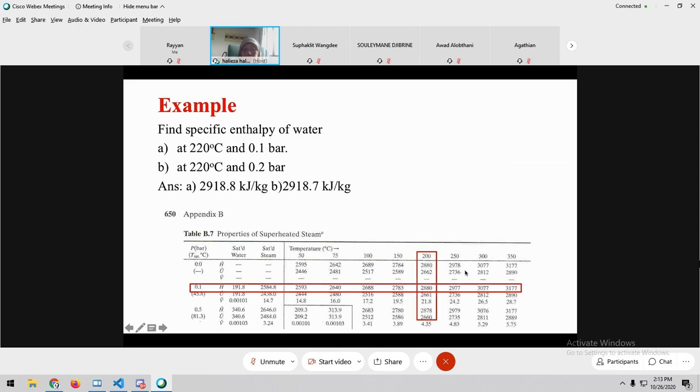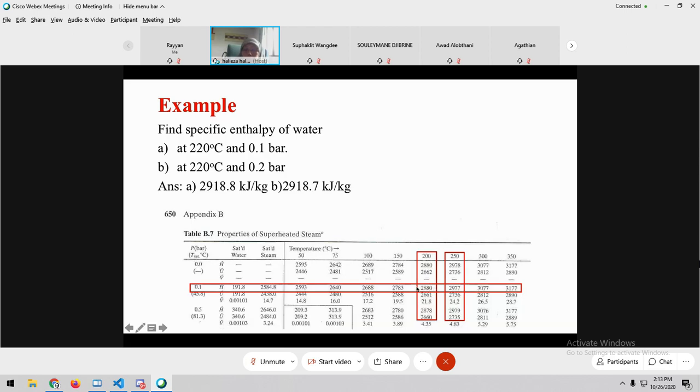You need it at 220. So you need to interpolate between 2,880 and 2,977 to get it at a temperature of 220. You have the same pressure, but you don't have the temperature at 220.